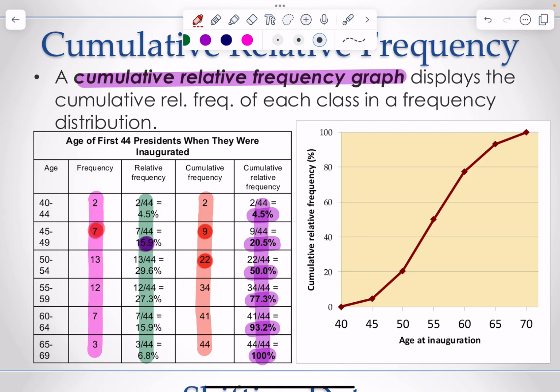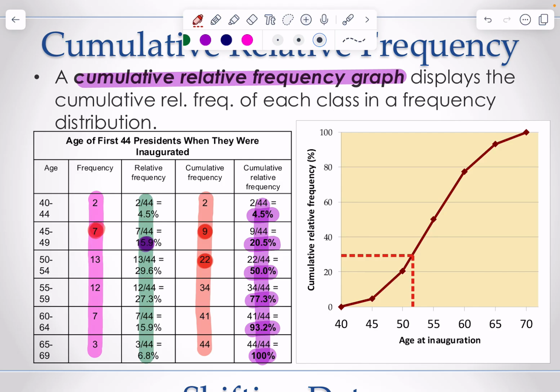So I would go to 30% on my y-axis, or as close to 30% as I can here. So I go to about 30%, and then I follow that across to the graph, and then I follow it straight down. And so what I would say is the 30th percentile then appears to be about that 52 years of age.